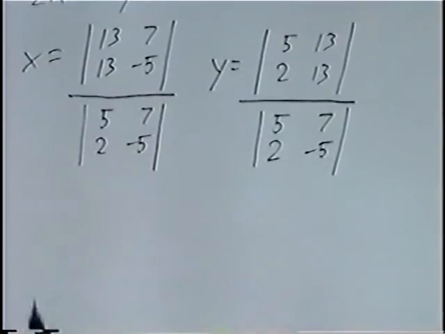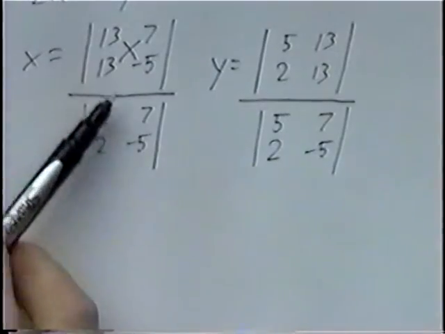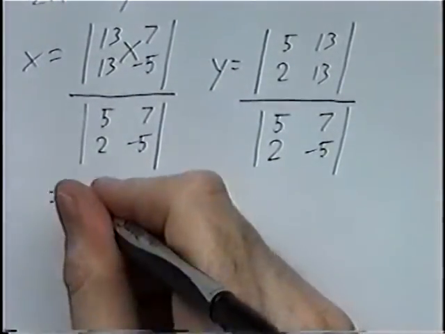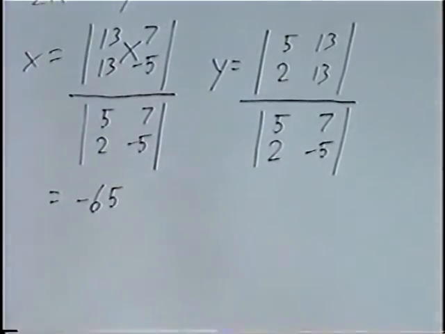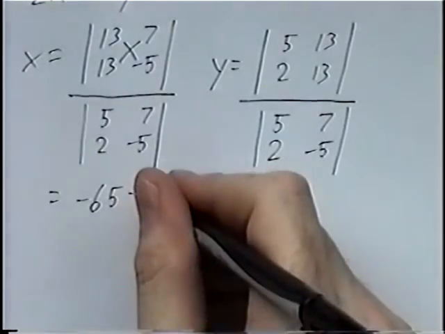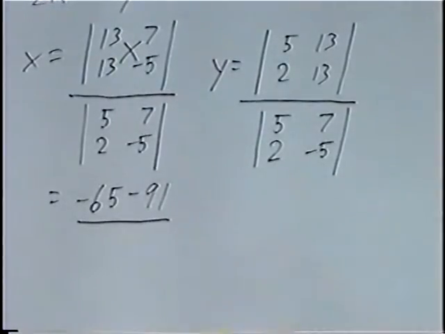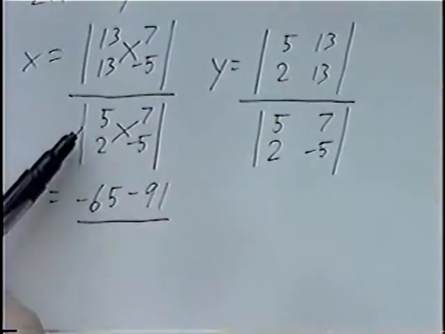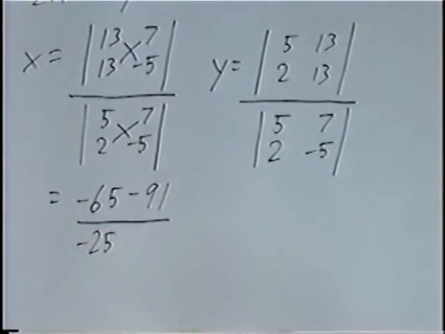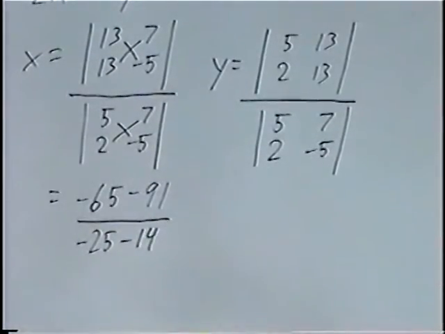Solving from here, for x we can use the determinant, where again you multiply the top left times the bottom right, 13 times negative 5, which would be negative 65. And we'll subtract from that 13 times 7, which would be 91. Divided by the top left 5 times the bottom right negative 5, which would be negative 25, minus 2 times 7, which is 14.